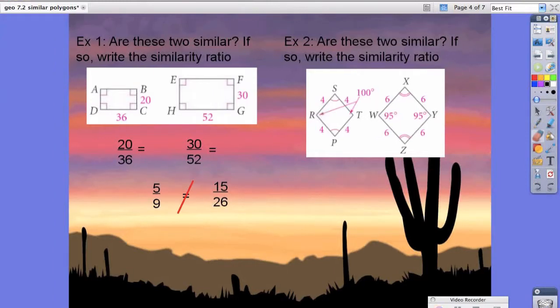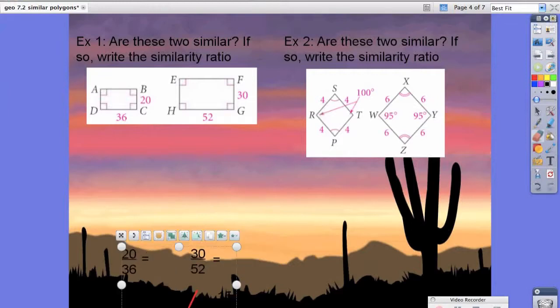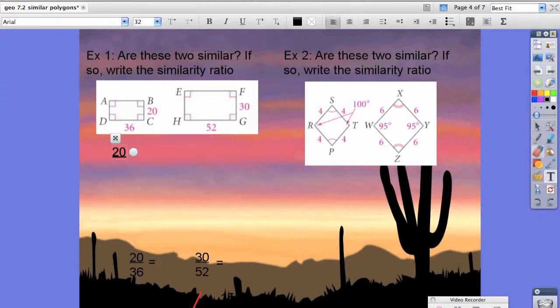The other way you could have looked at it is to compare, say, the right side to the right side. So 20 divided by 30. So that's the right side to the right side. And then we're going to compare the bottom side to the bottom side.